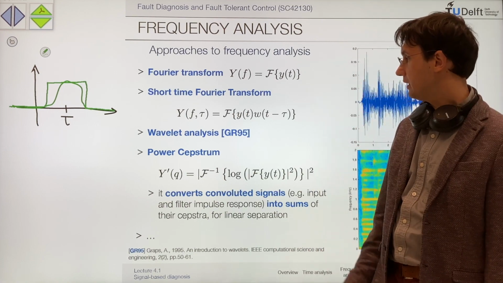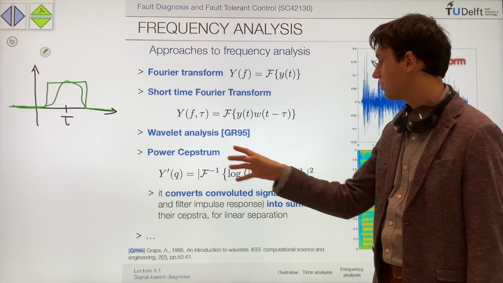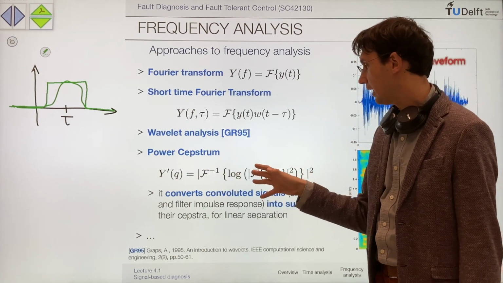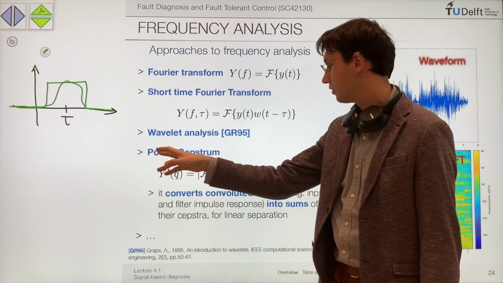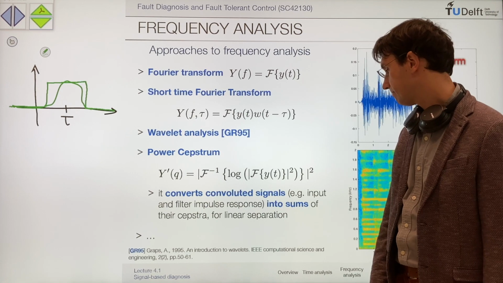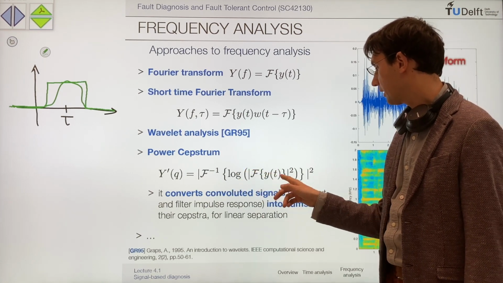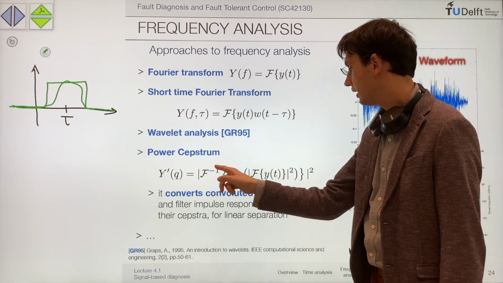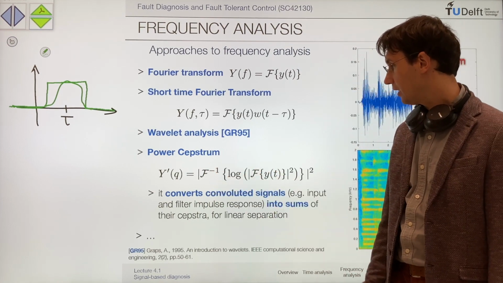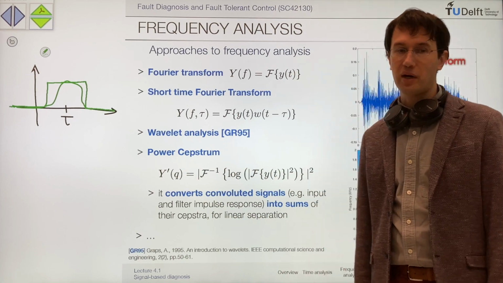And finally, you can take the spectrum of a signal and do some processing on that. For instance, you can get what is called the power cepstrum. So you take the logarithm of the magnitude of the spectrum, and then you take the inverse Fourier transform. And why is it useful?